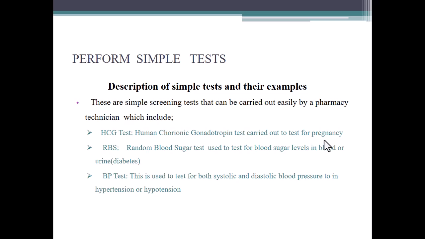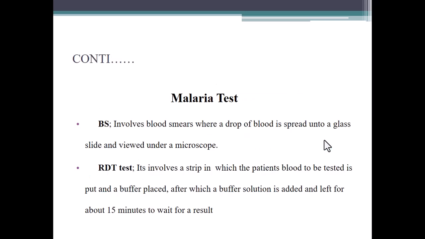There is random blood sugar test for your patients that are coming for refill of their diabetic medications. You should be in position to do it. Blood pressure test for your patients who are hypertensive or hypotensive. You need to be in position to do that test. You can also have a malaria test where you can have a blood smear, and there are different procedures for obtaining what they call a blood smear.